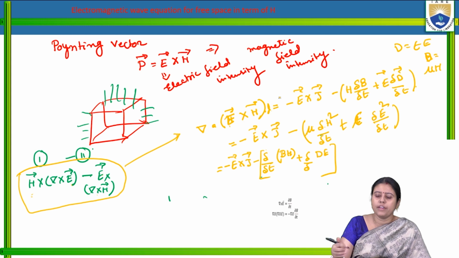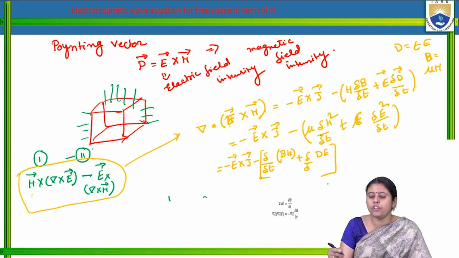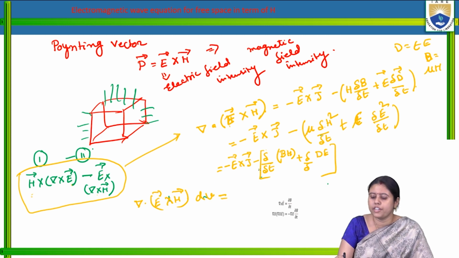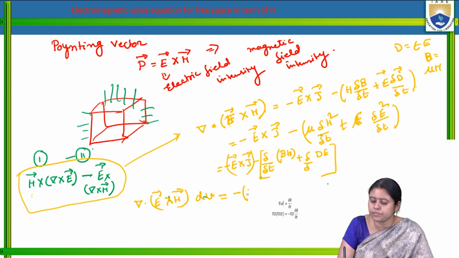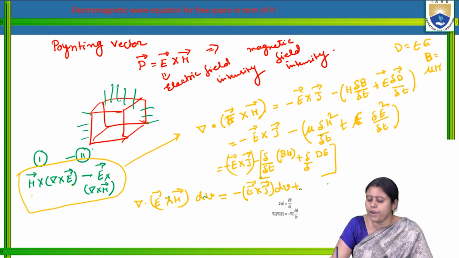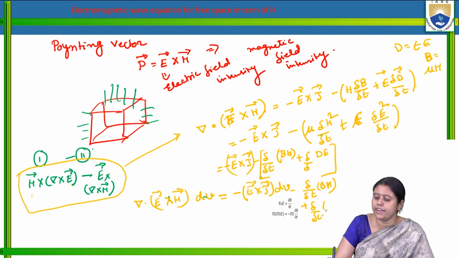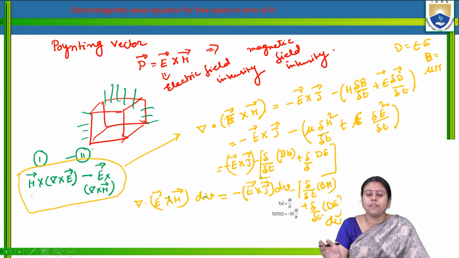This is a volume density. So if we take the volume on both sides, we can write grad dot E cross H dV is equal to the big equation: minus E cross J into dV plus del by del T of B H dV plus del by del T of D E dV. I am multiplying by dV on both sides.